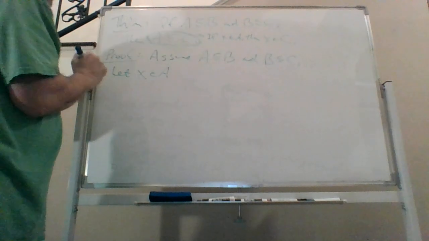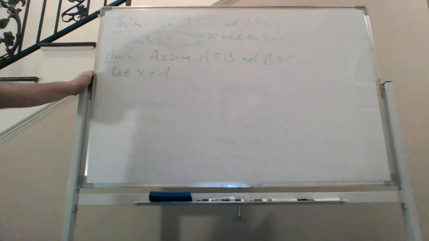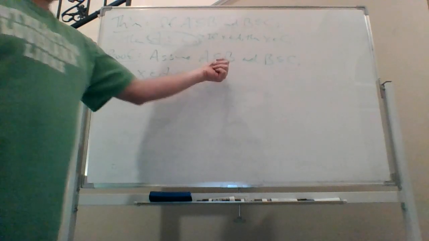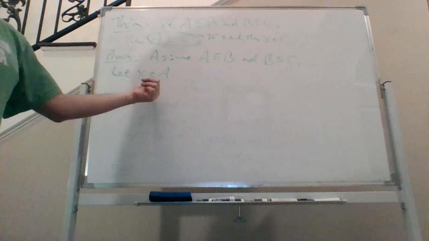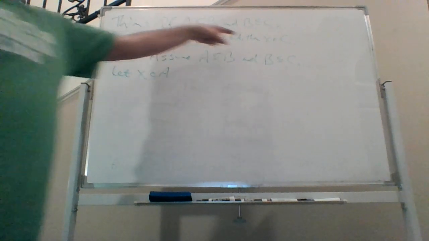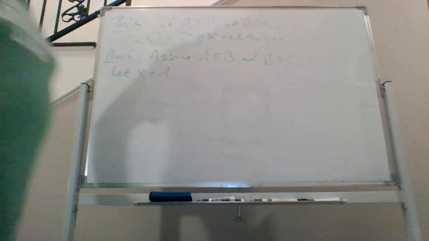You don't really have to write that down. So I have three facts here. A is a subset of B, B is a subset of C, and I'm letting X be an element of A. So I need to show that X is an element of C and we'll be finished.